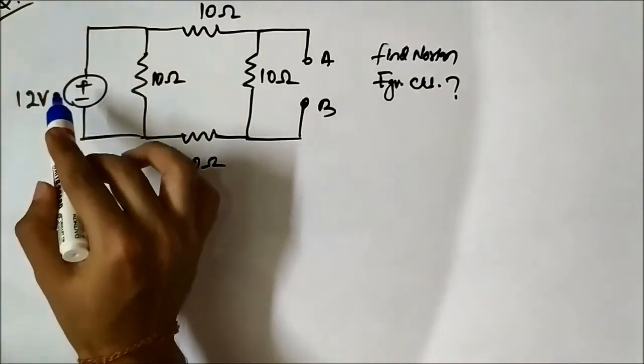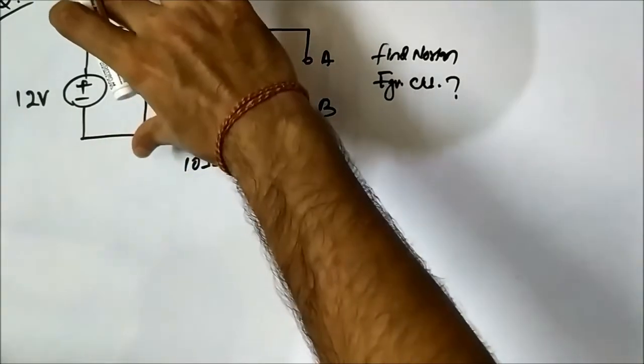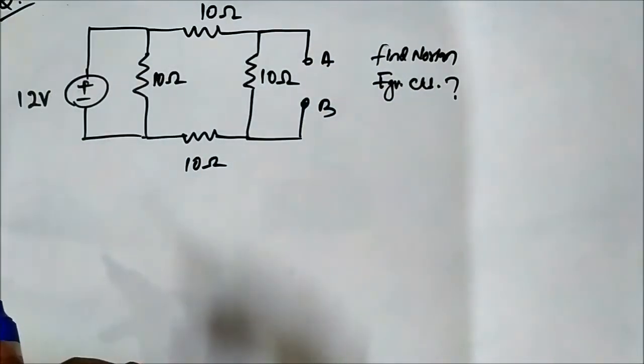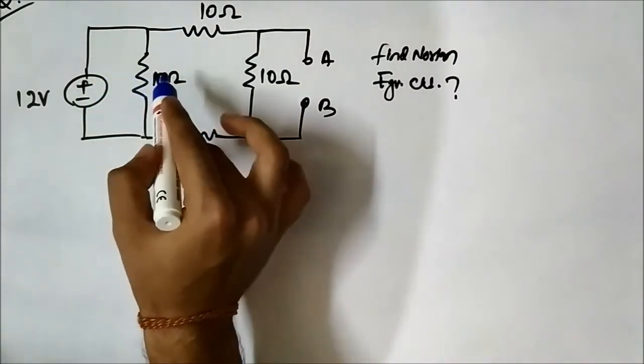Here this 12 volt is connected, and across it in parallel a 10 ohm resistor is connected. So the voltage across this 10 ohm will also be 12 volt.